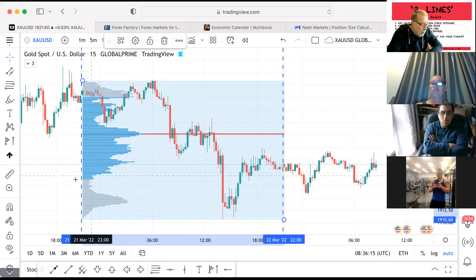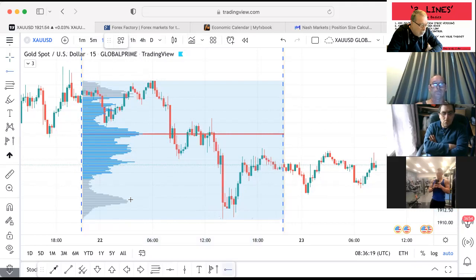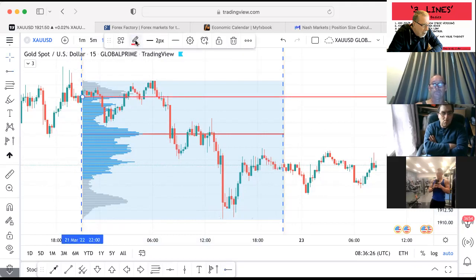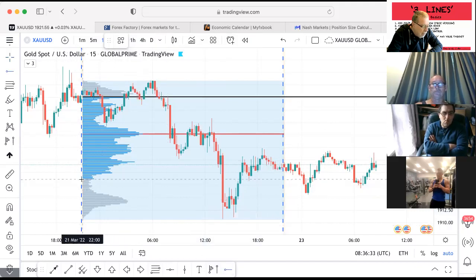So what we do is we put the 3 lines on and take a horizontal ray and put it where the blue meets the grey. I'll make that a black line, and I'll do a similar one there.